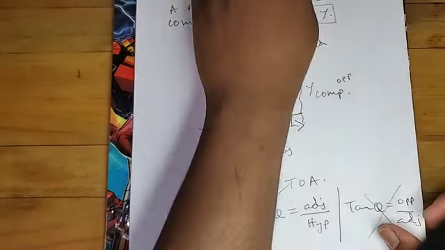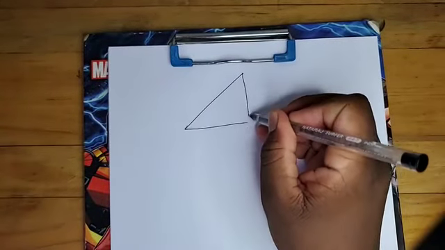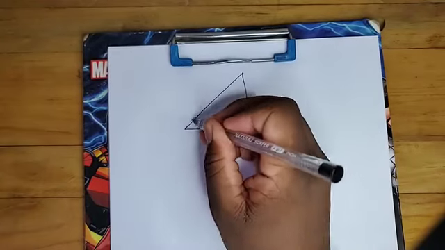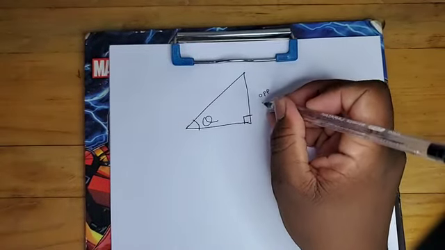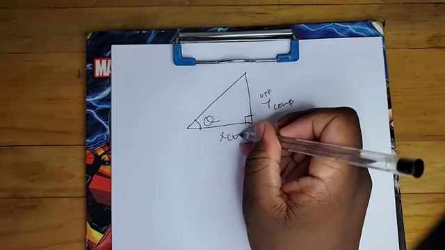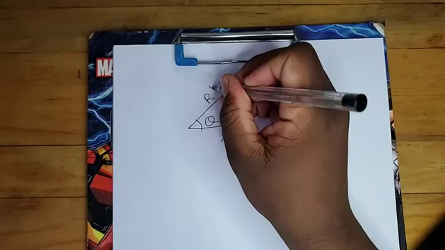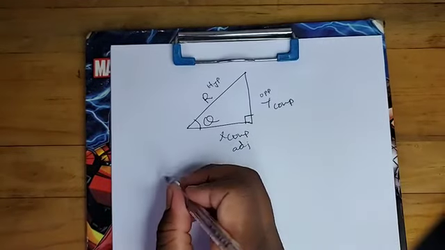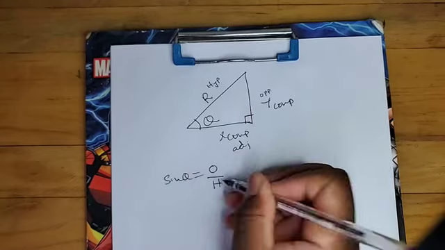So now, we go back to our right-angled triangle. This is theta. The opposite was what we called the y component. The x component, we labeled it as the adjacent, and the resultant, we labeled it as the hypotenuse. So, sine theta is equal to opposite divided by hypotenuse.